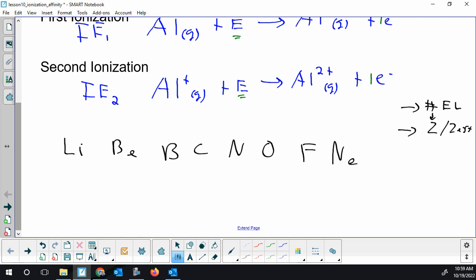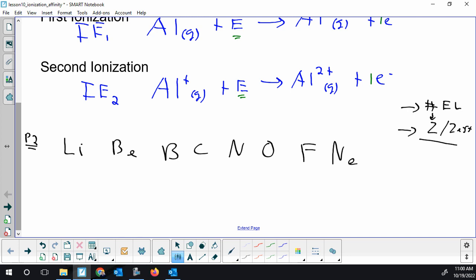Well, we're in period 2. We're in the second energy level. So we're not changing energy levels. That's not a big difference. There's not a massive size difference. So we would want to focus in on what's going on charge-wise.